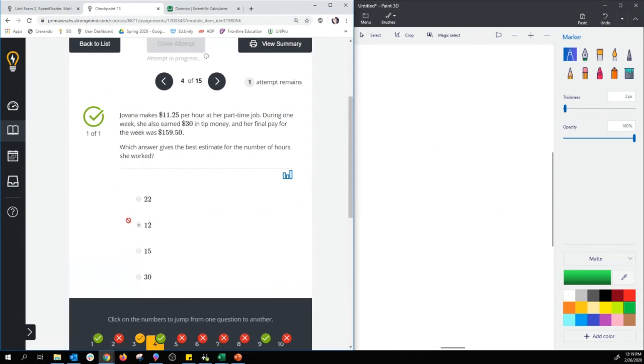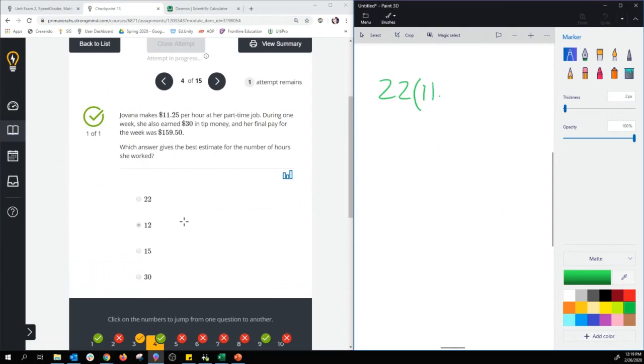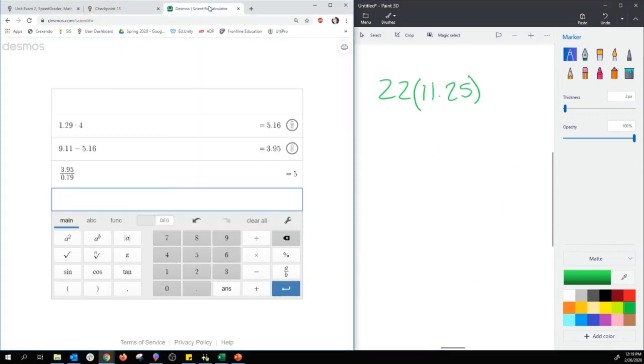So if you wanted to work backwards and do guess and check, if I were to take the number of hours that I worked, like in that first answer choice, I had 22. If I were to multiply that by how much Giovanna makes per hour, which is $11.25, I take 22 times $11.25.